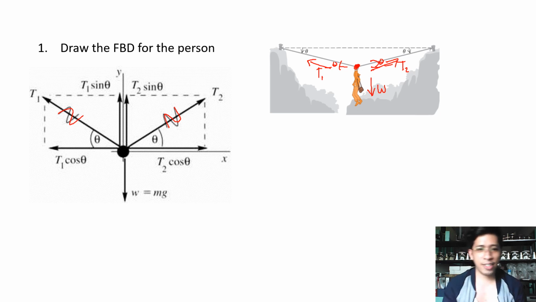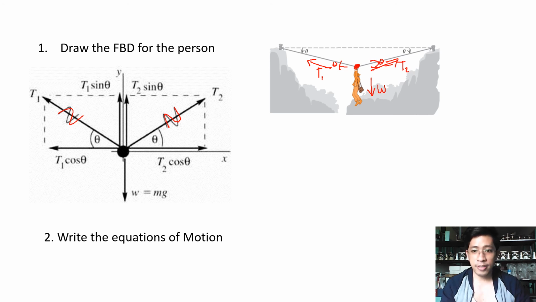Next, your job is to write the equations of motion. Pause the video to write the equations of motion. Are you done? If you're done, let's write the equations of motion.